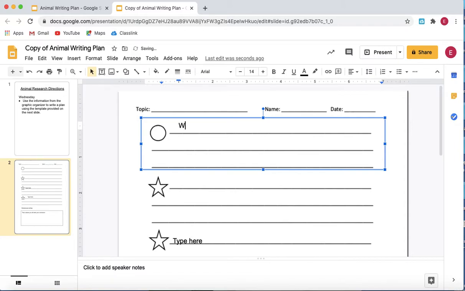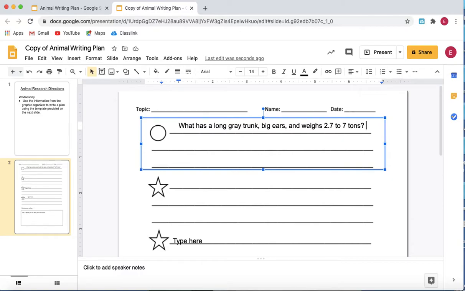I'm going to say, what has a long gray trunk, big ears, and weighs 2.7 to 7 tons? Okay, that's my question. So I'm putting in a description in there. I know that elephants have long gray trunks and big ears, and the weight I got from the website.